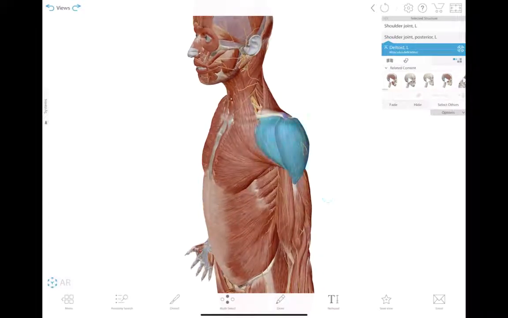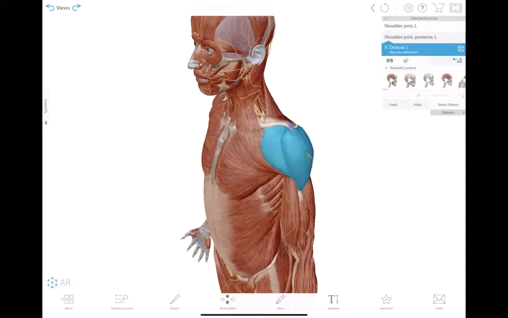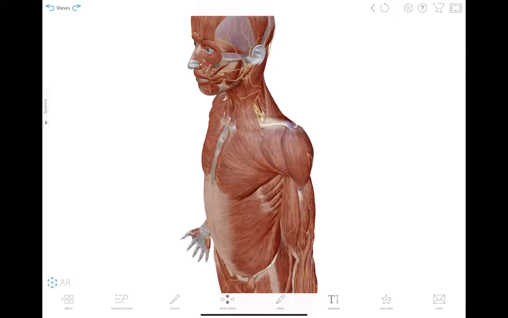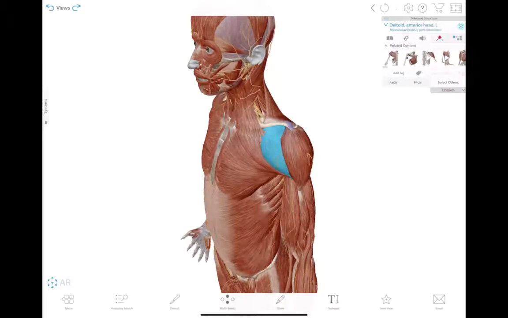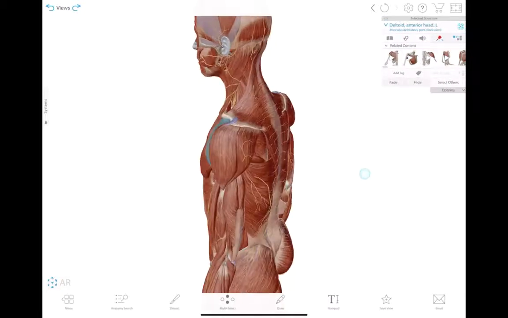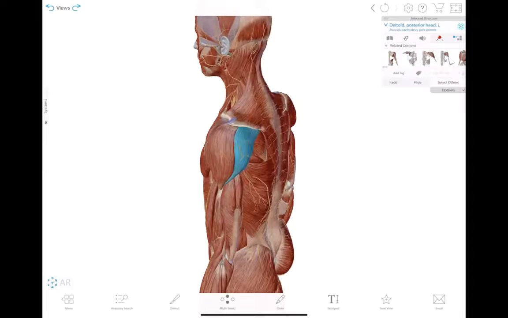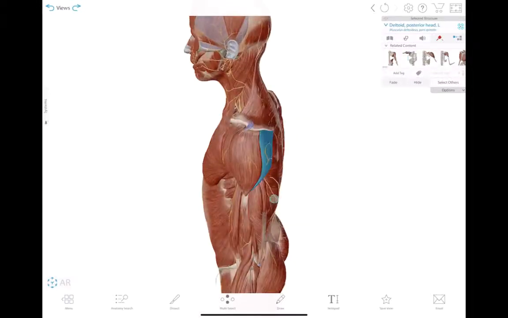The other functions of this muscle come into play because of the locations of its three different parts. This deltoid muscle can both extend and flex the shoulder. This part here would pull the arm forward, so that would flex the shoulder, and this part here would pull the arm backwards, which would extend the shoulder.